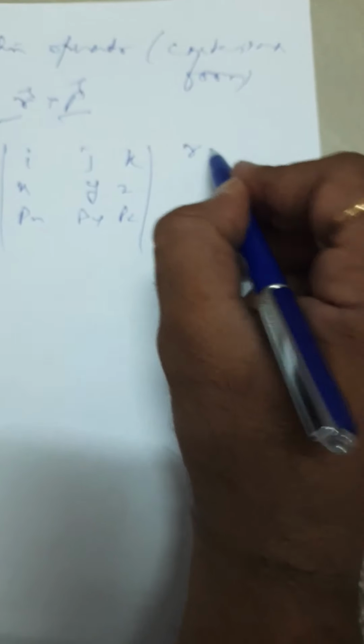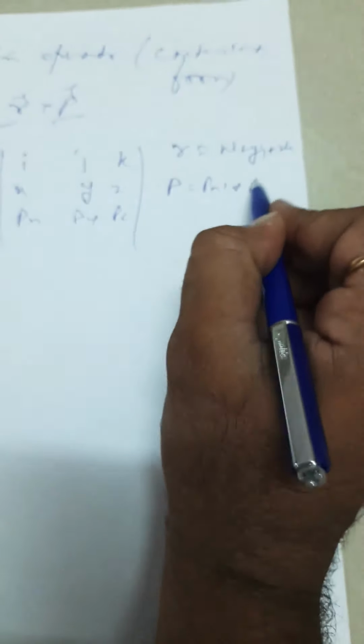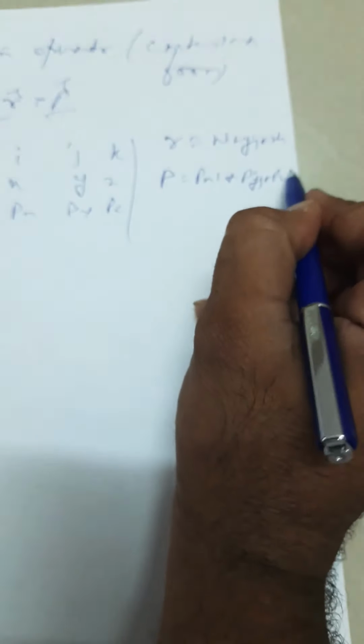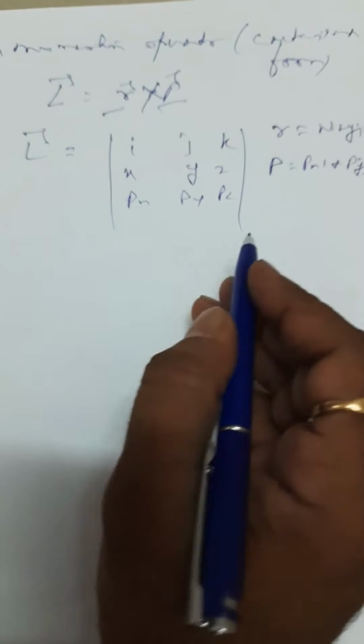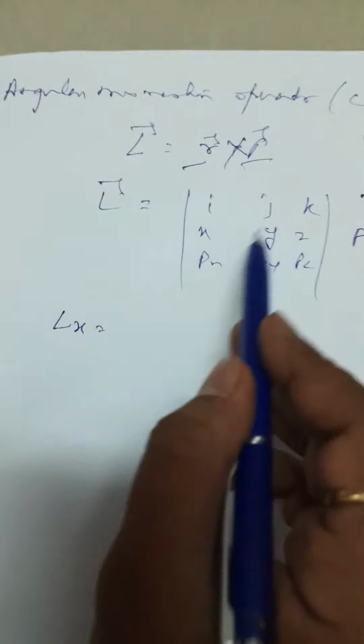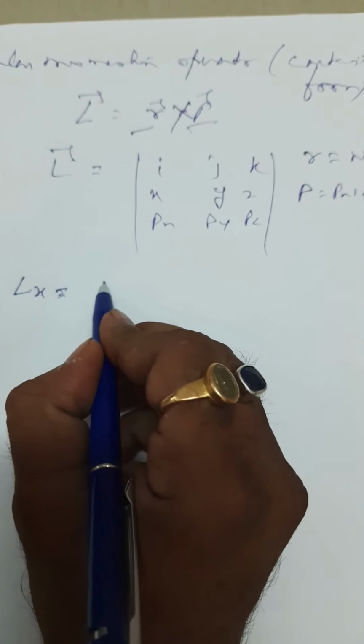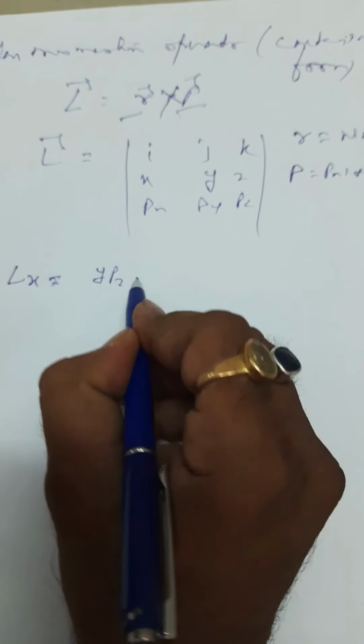We have assumed r to be xi plus yj plus zk, and p equal to pxi plus pyj plus pzk. So this is the cross product basically. Now taking the components, after expanding this determinant, we get L subscript x equal to y pz minus z py.